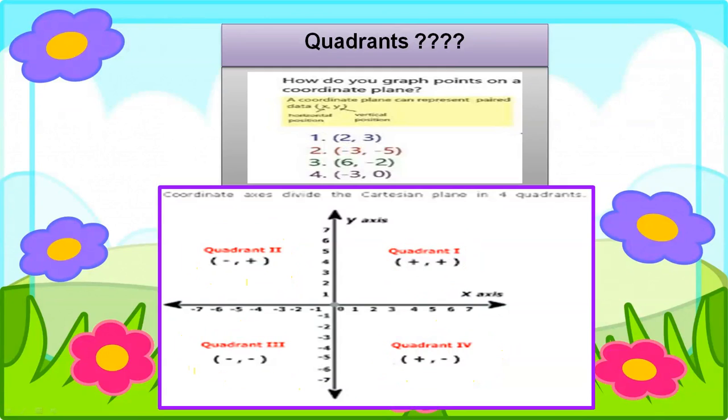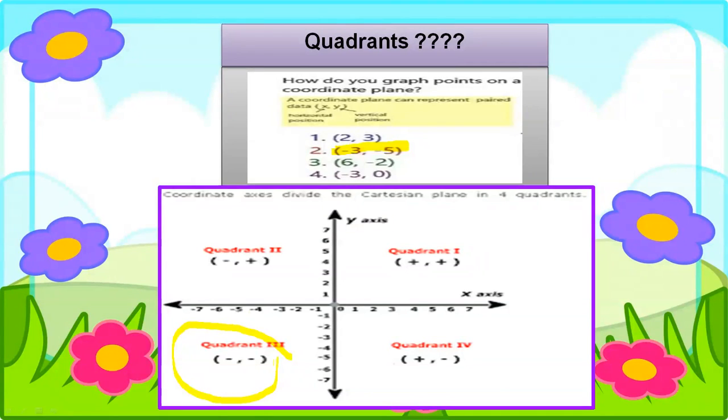Okay, let's suppose we are solving example 2, that's minus 3 and minus 5. Both have the negative sign, so we select quadrant 3. But where do we plot?